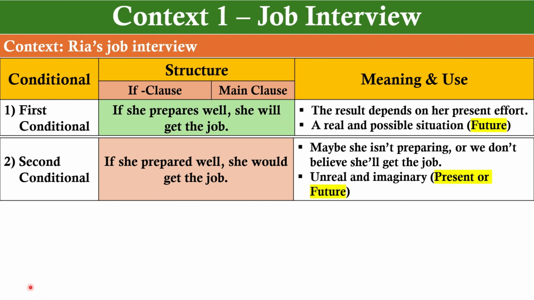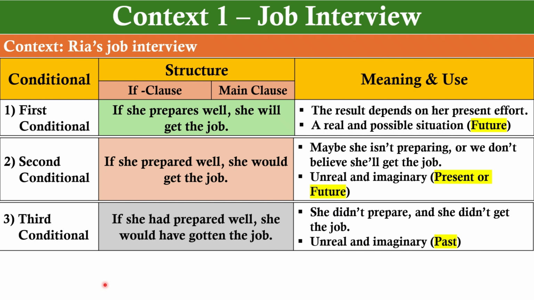In this case, by using the past tense prepared, it suggests that she is probably not preparing well in reality. So, we are not talking about a real plan for success. We are talking about a different, imaginary version of reality that isn't true right now. This conditional shows an unreal or hypothetical meaning.